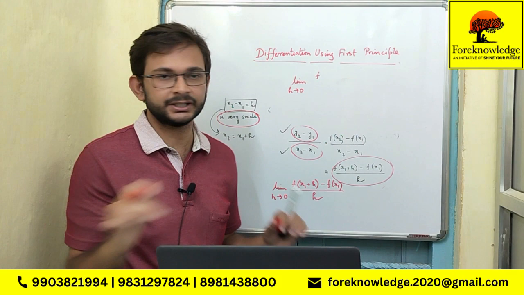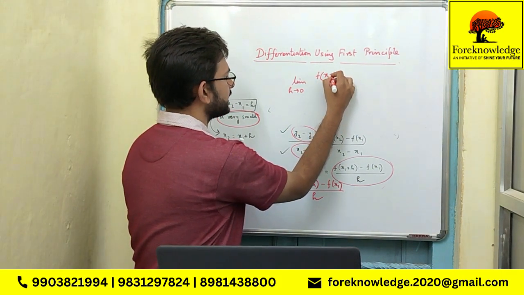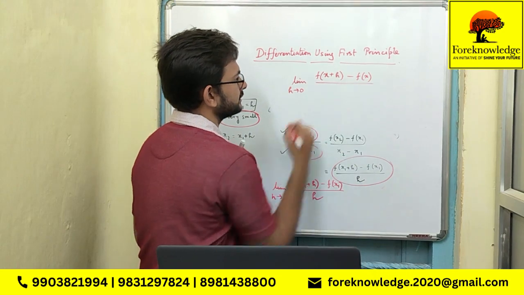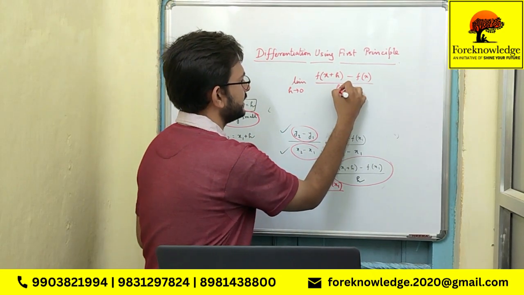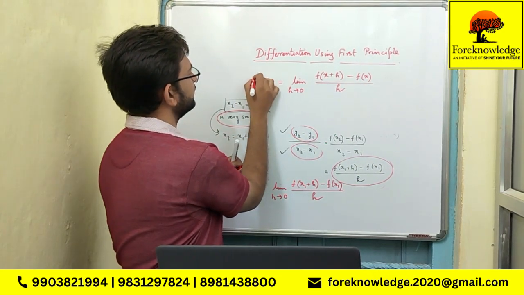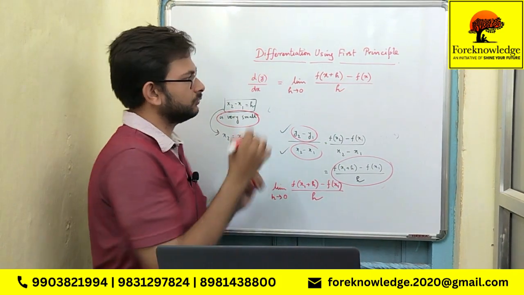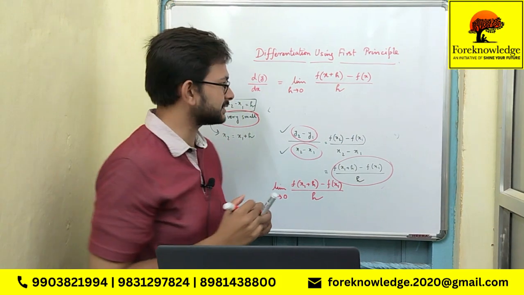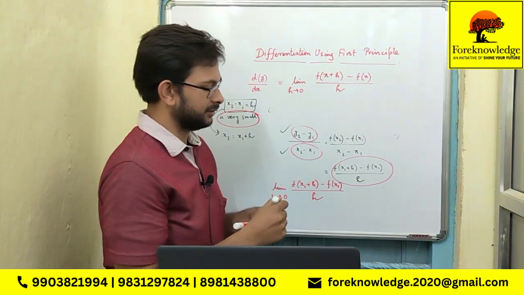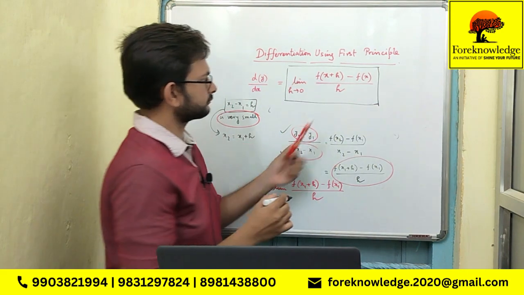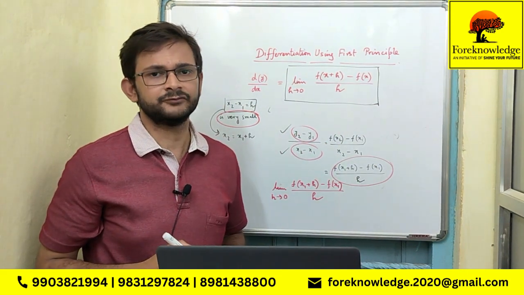Now we don't use any x1, we use only x, because this is the generalization. This is the differentiation of y with respect to x, and this is the differentiation using the first principle. This is the formula for first principle.